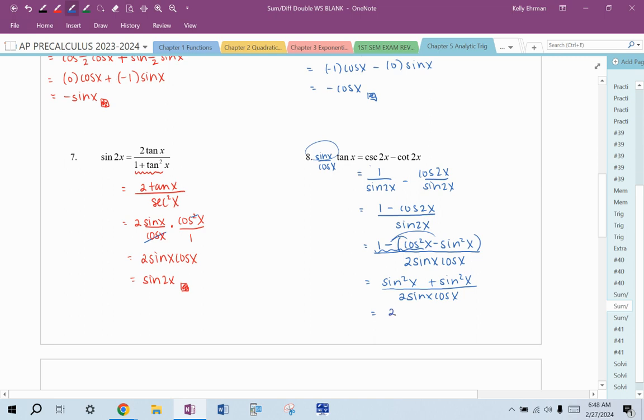I can add those together, 2 sine squared x over 2 sine x cosine x. And I'm getting 2 divided by 2 to cancel to 1. Sine x divided by sine x divides to 1 as well. We're left with sine x over cosine x, which remember was the goal, so that we can say that that's equal to tangent x.